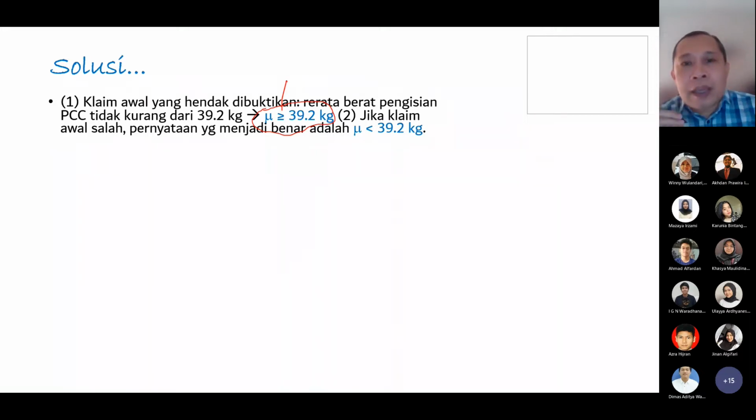Claim number two. If the claim turns out to be wrong, then the statement that would become true is the complementary statement, which is this one here.